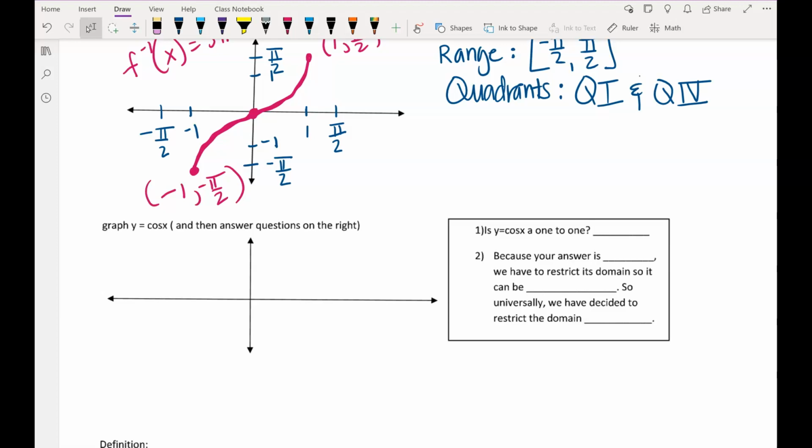And then answer, is cosine 1-to-1? And then do you guys remember the restriction from Algebra 2 Trig?